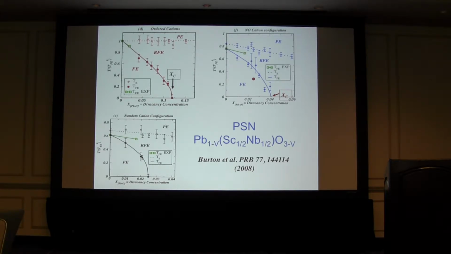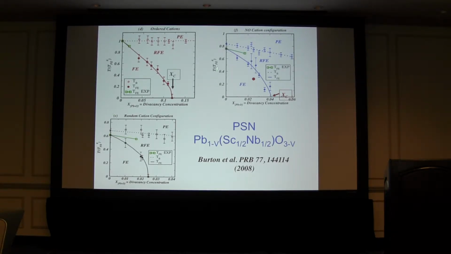So back in 2008, we published a paper on PSN, lead scandium niobate, with vacancies, divacancy pairs, a lead and an oxygen divacancy pair. And we looked at 3 different kinds of cation configurations.